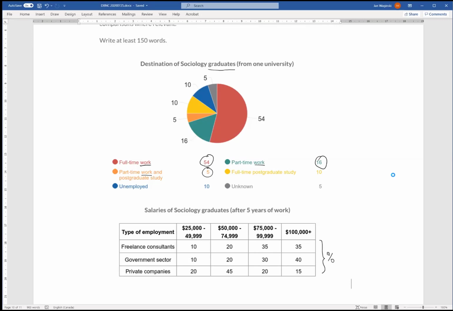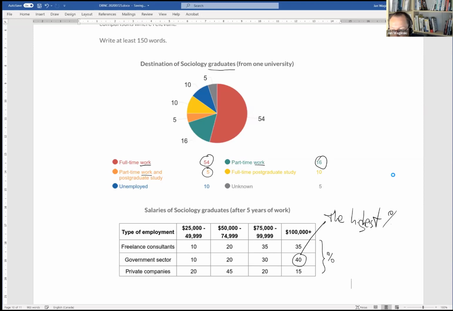This is kind of complicated. You would say something like the highest percentage of high income earners.